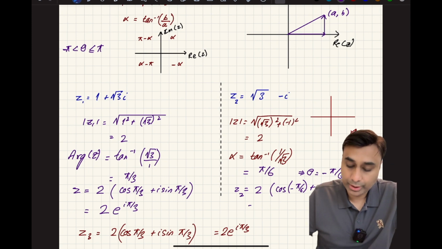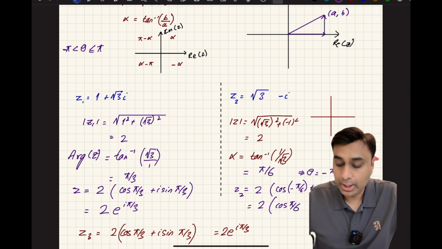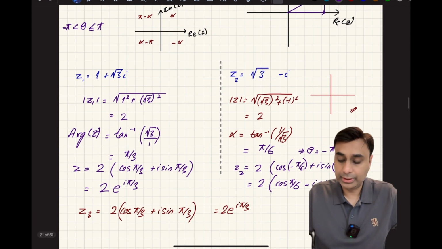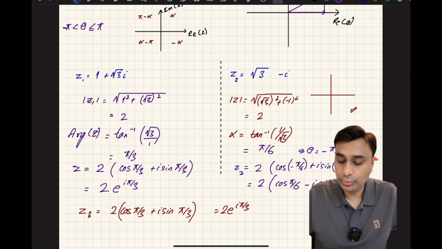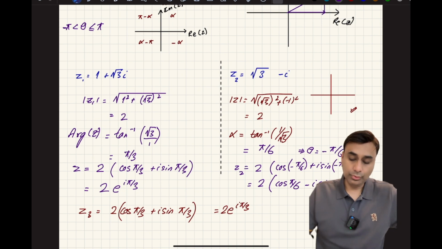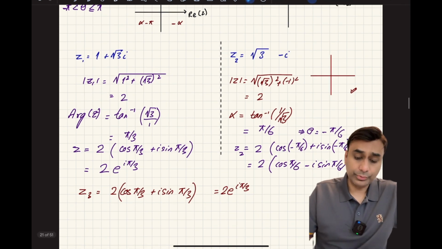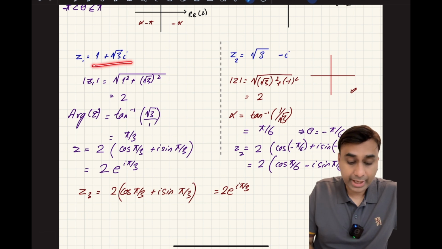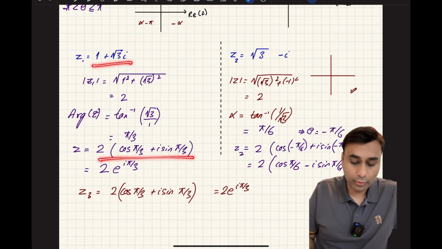So this is going to become 2 cos pi by 6 minus iota sine pi by 6. Or you could also write this in the exponential form as 2 e power negative pi by 6 iota.